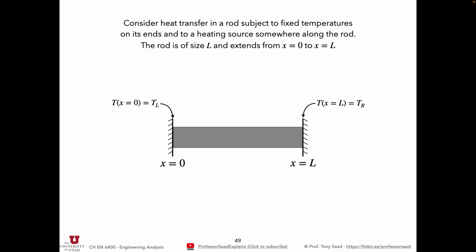And I have fixed temperatures at each end. I call this T at x equals 0, T left, and the temperature at x equals L, T right. That's given. We know this. That's a given value. You can measure it, or you can specify it yourself. Okay? Have your spatula on the grill, right?